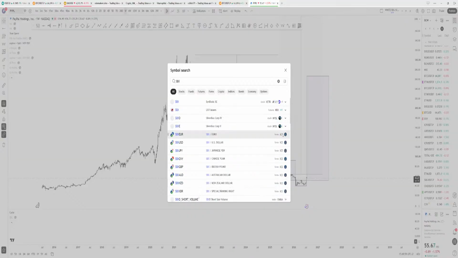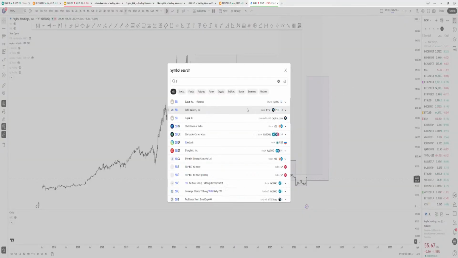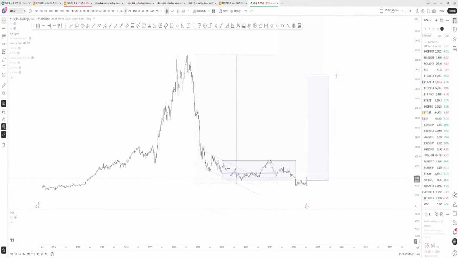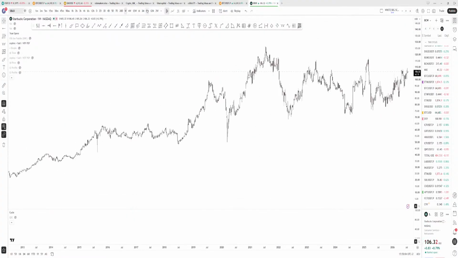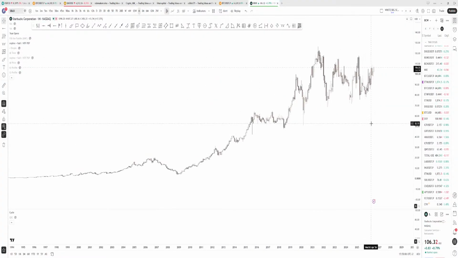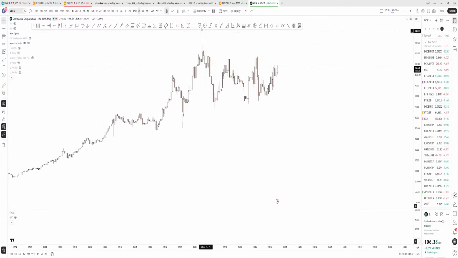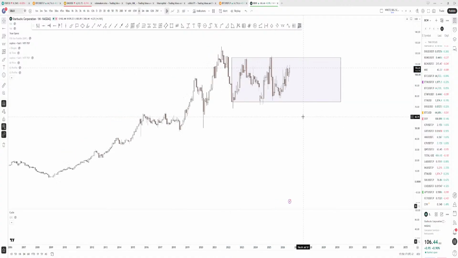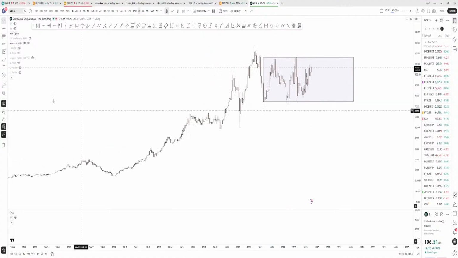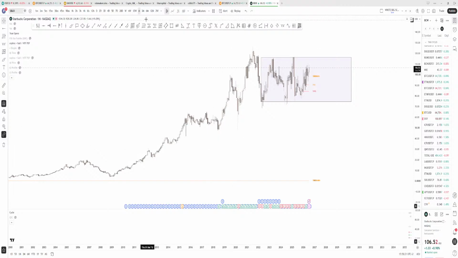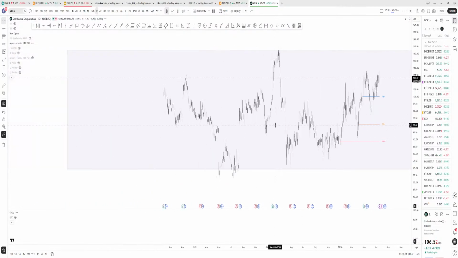Starbucks. Starbucks is something I want to check because of the coffee sector. Coffee is expected to rise. I kind of want to see where it's sitting right now. Could be a macro PO3 as well. What are our levels telling us?